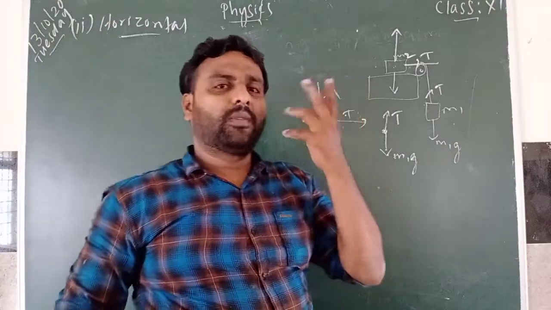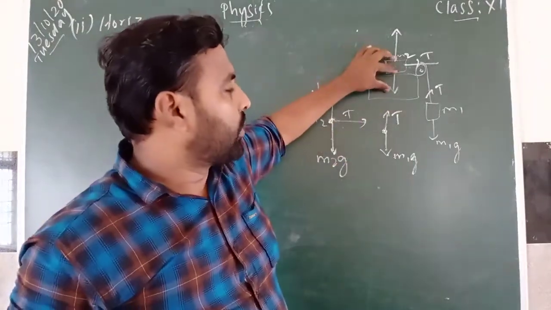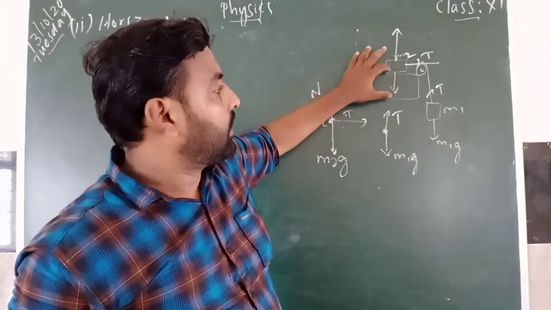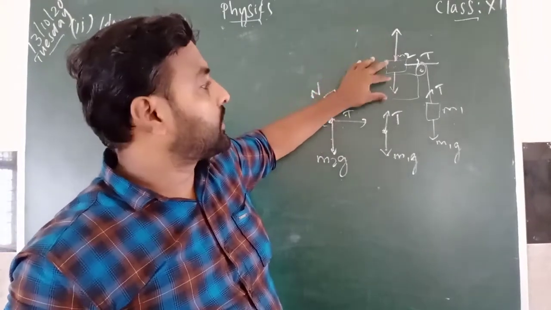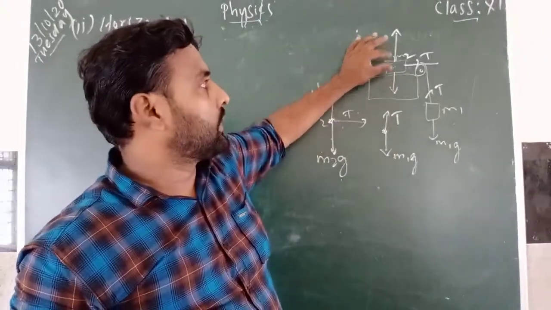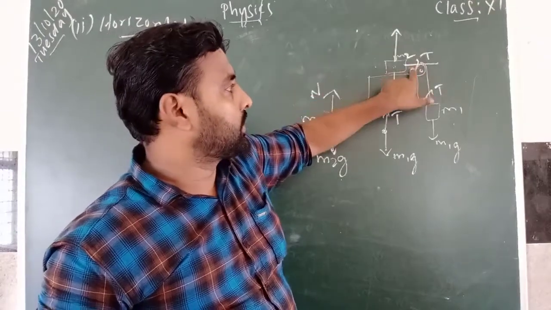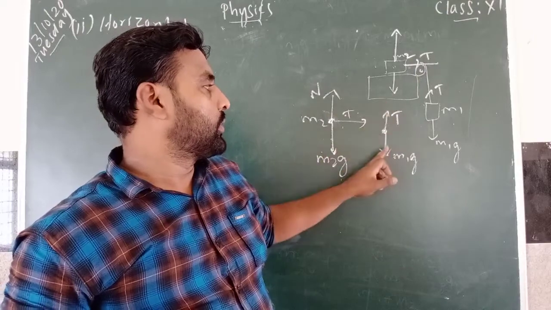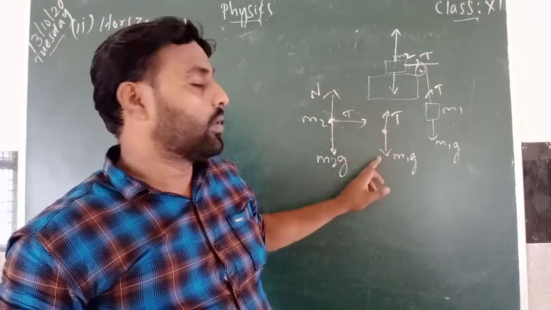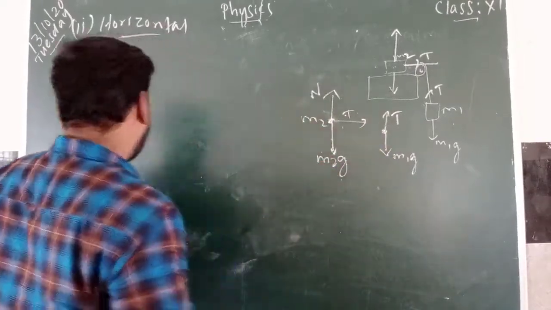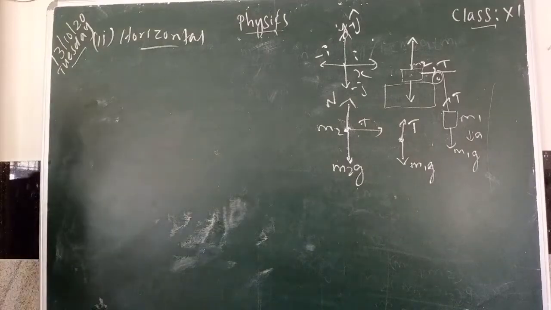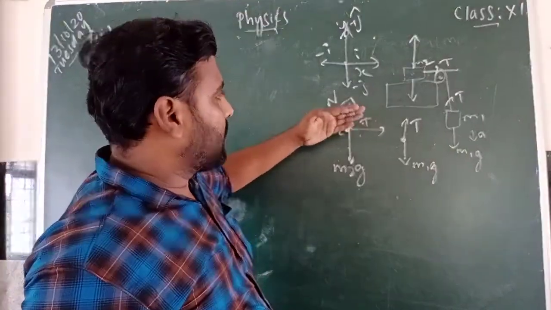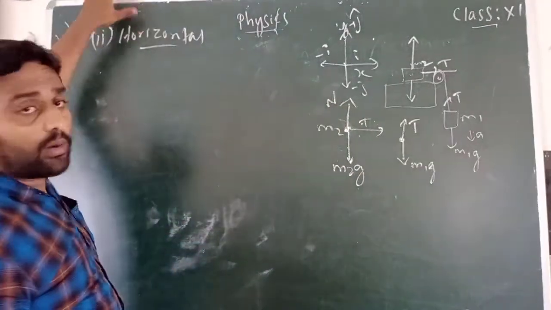Now, what are the forces acting? On mass M2: downward gravitational force, upward normal force, and the tension force. On mass M1, two forces act: upward tension and downward gravitational force. Next, we have to find the equations.